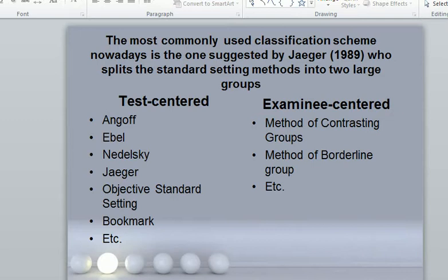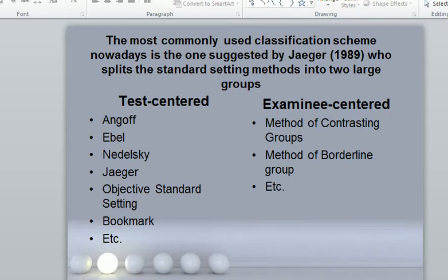The other classification is examinee centered. This classification is based on the judgments of experts on the basis of examinees.